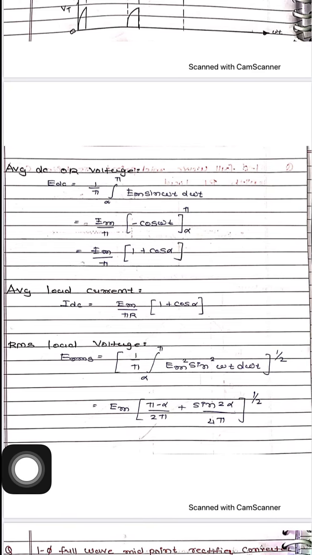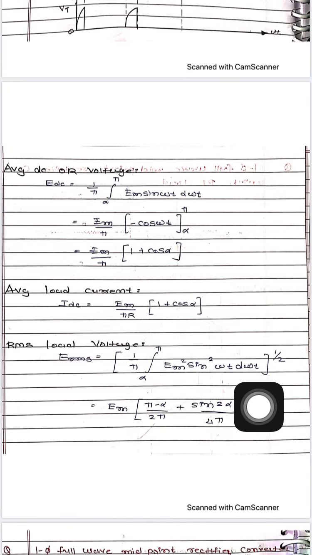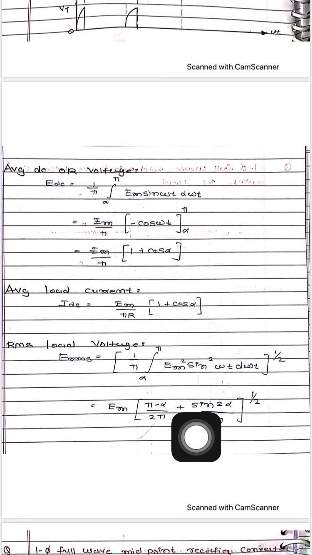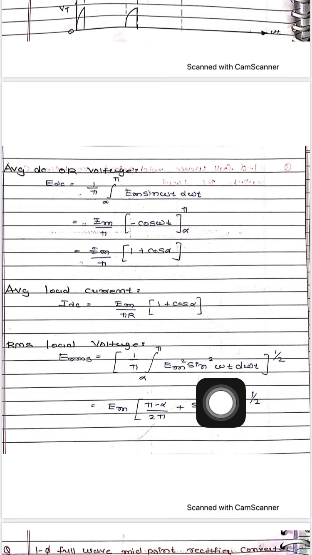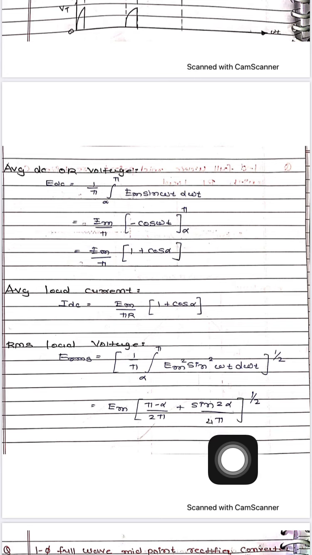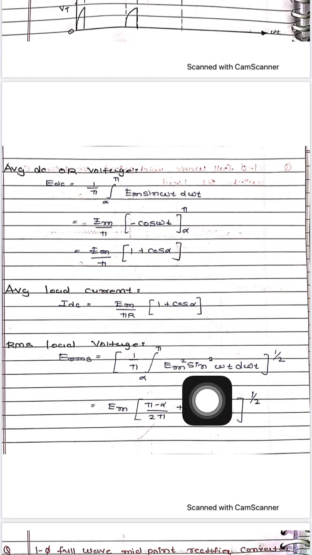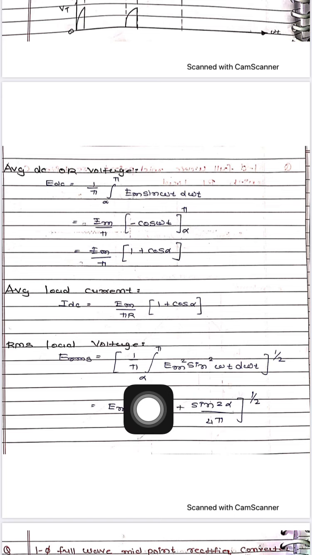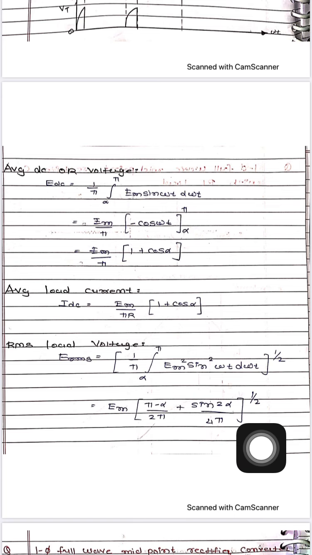So 1 minus cos 2 omega t divided by 2, from alpha to pi. Integrating 1 with respect to alpha and pi gives pi minus alpha divided by 2 pi, and the sin term which is integrated gives sin 2 omega t by 4 pi. So the first equation, sin square is 1 minus cos 2 omega t by 2, integrated with the limits, becomes this.